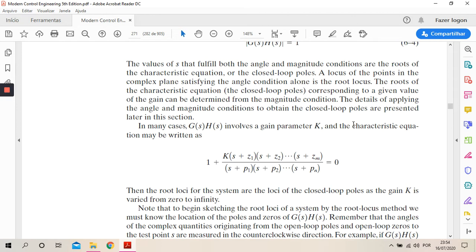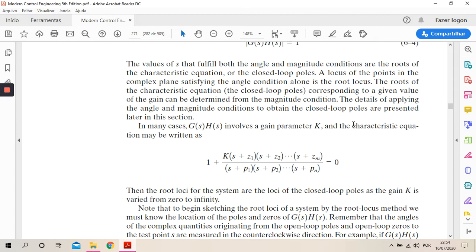There is additional information about this. Let's see what the book says. The values of s that fulfill both the angle and magnitude condition are the roots of the characteristic equation, or the closed loop poles. A locus of the points in the complex plane satisfying the angle condition alone is the root locus.